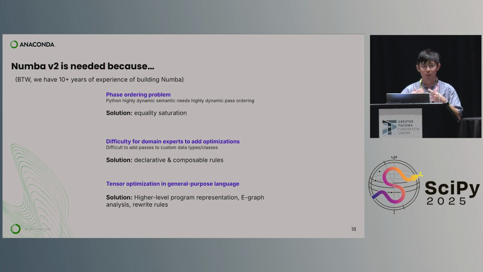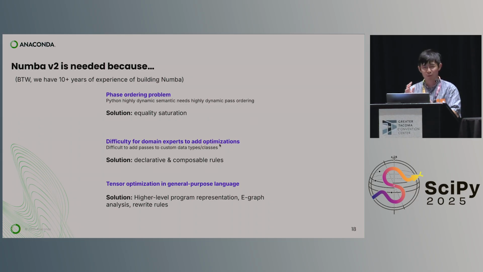And for us to compile Python, that is even harder. Because Python is highly dynamic, we find that in order to handle very dynamic Python functions, we have to interleave type inference and inlining and fix point over it. Sometimes we don't even know what that pass ordering is in order for it to work.